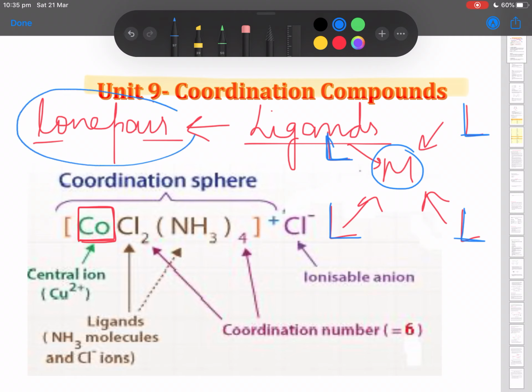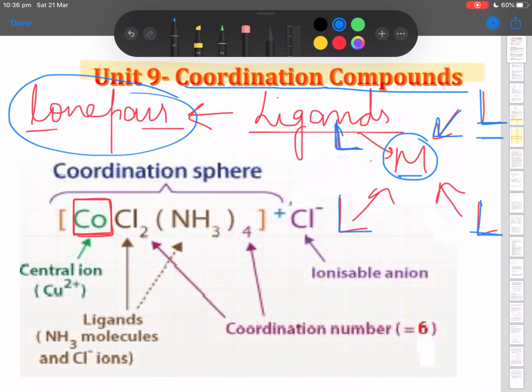Because of the presence of lone pair of electrons. And since there is a coordinate bond between the metal atom and the ligand, such complexes are known as coordination compounds or coordination complexes. So that's a general idea about it.